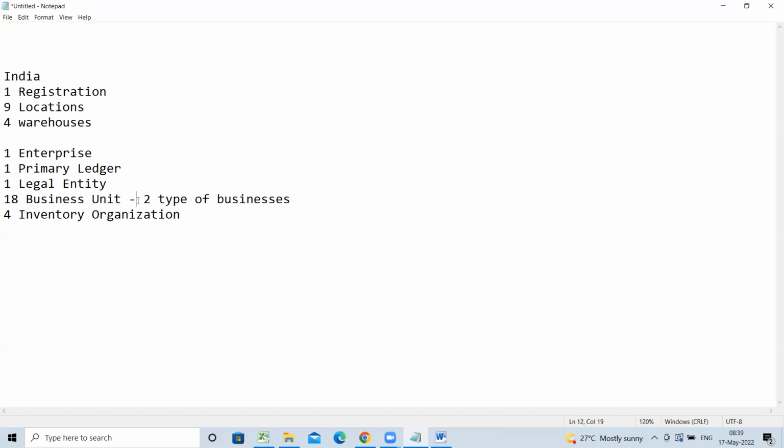One is business type, the vertical of business. Others, the geography they can take as division. If they are taking division as a type of business, and the chart of account structure has it as a segment, then here they can go with that.